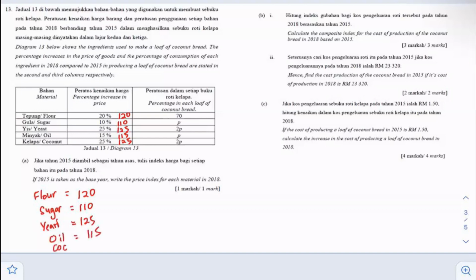115, and coconut 125. Next, we have to calculate the composite index, which we have to use the second formula, sum of index multiplied with the weightage over sum of weightage. So we have 120 multiplied with 70, and we haven't found the P yet.